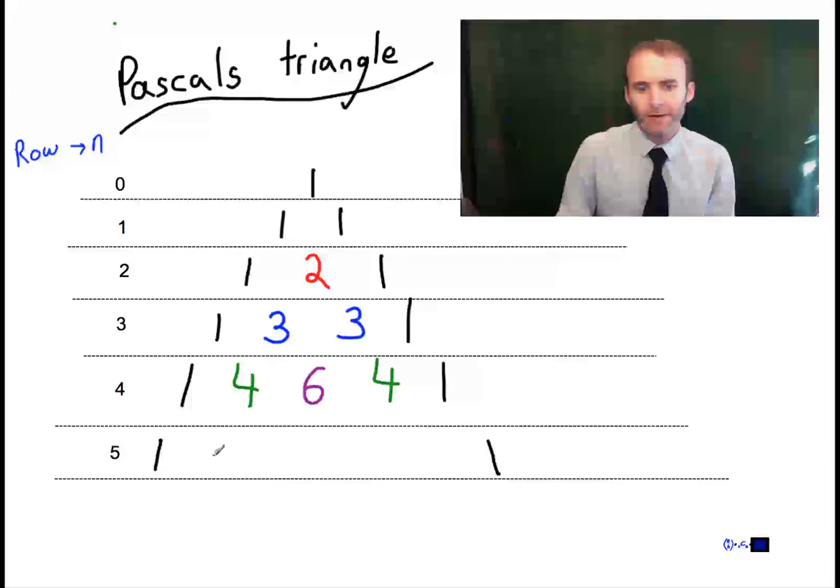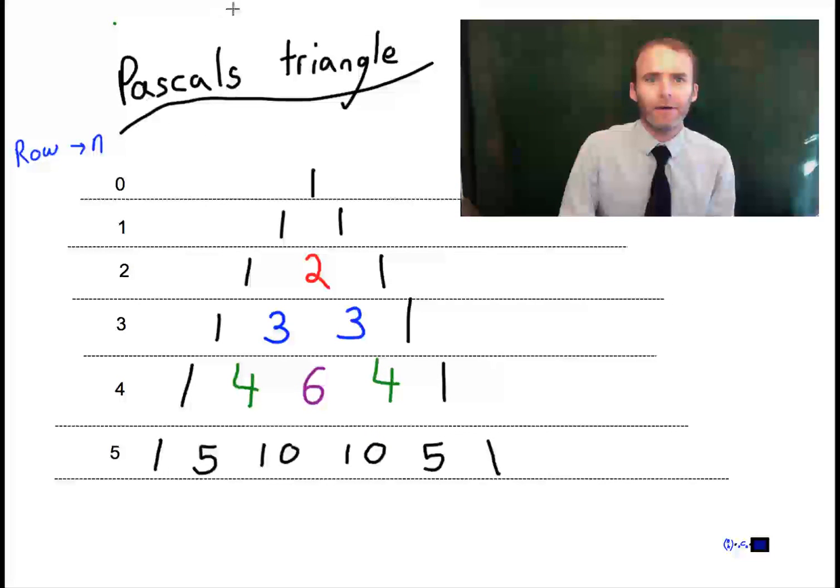And now when I come down here, the logic behind this is to get this next number, I just have to add these two. So 1 and 4 is 5, and due to symmetry, 1 and 4, I get a 5 over here, so the triangle is very symmetrical. 4 and 6, I get a 10, and 6 and 4, I get a 10.